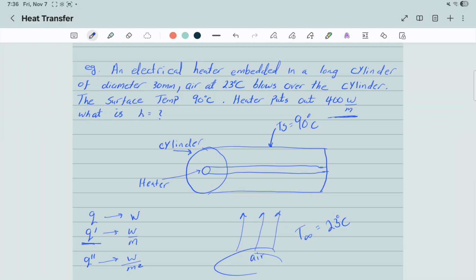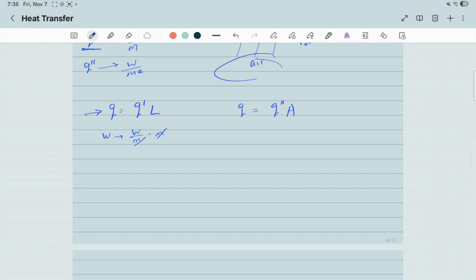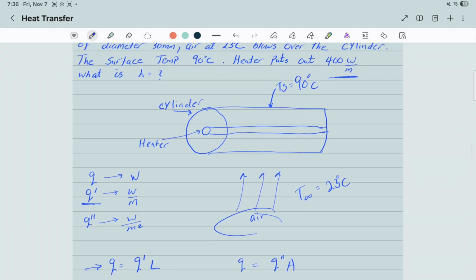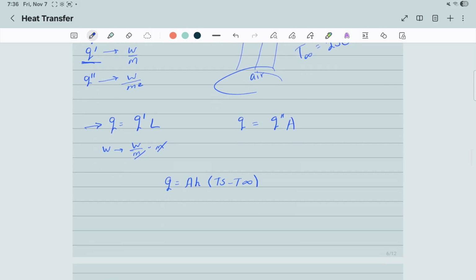So we'll start solving by using Newton's law of cooling, which is Q equals A H times Ts minus T infinity. Yes, that's correct, Newton's law of cooling. Now, we're given Q prime equals 400 watts per meter.